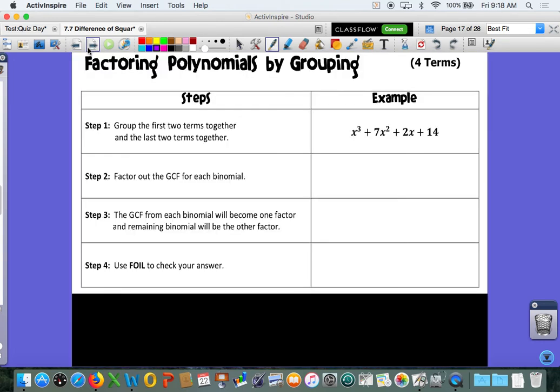Factor by grouping. Now, factoring by grouping, we're going to basically split this into 2 different things. So I'm going to split this section and this section. Now, factor out the greatest common factor for each binomial. That's 2. And that's what we have right here. We have 2 here and 2 here.